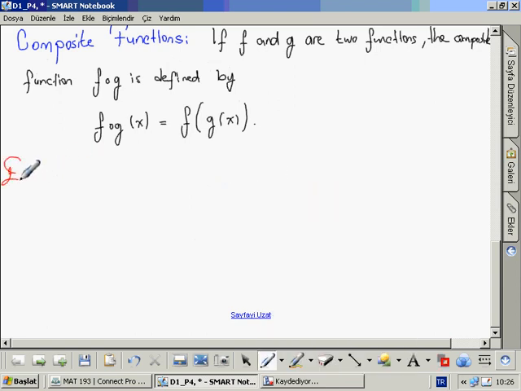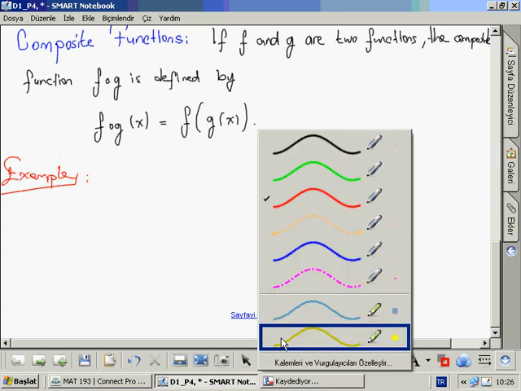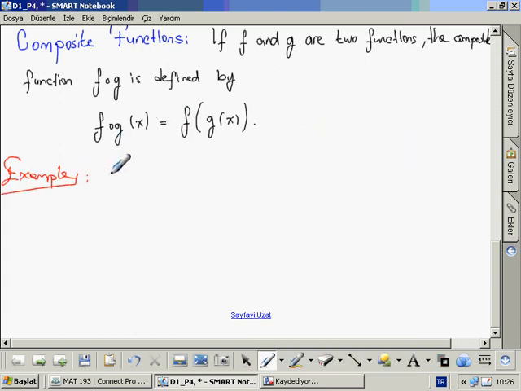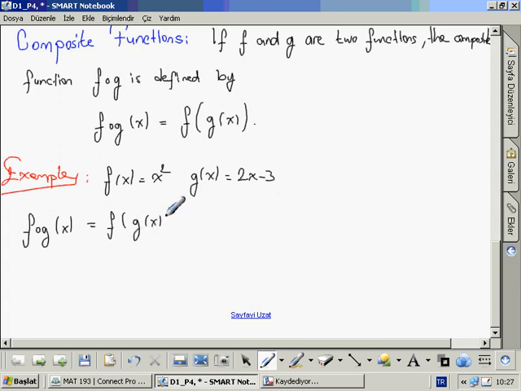And for example, f of x equals x squared and g of x equals 2x minus 3. The f composite g of x equals f of g of x by the definition.